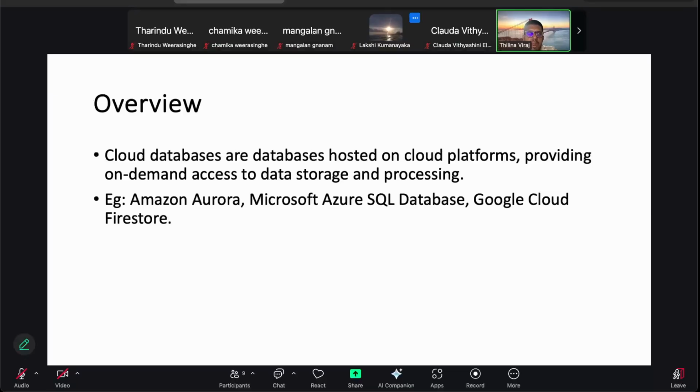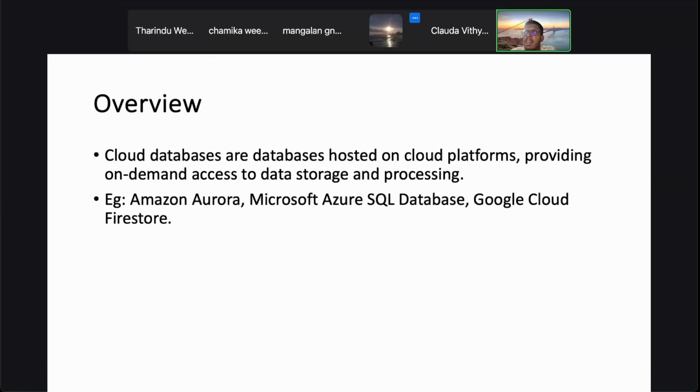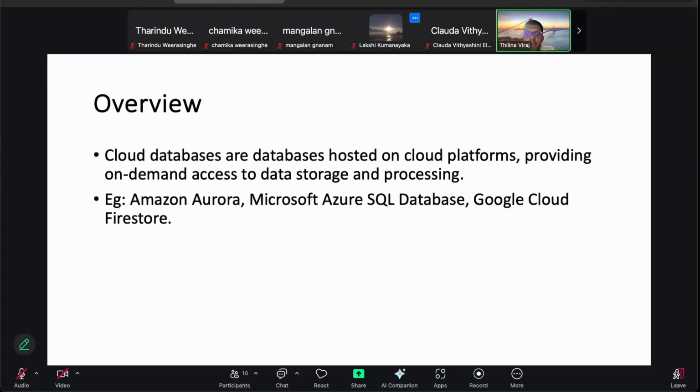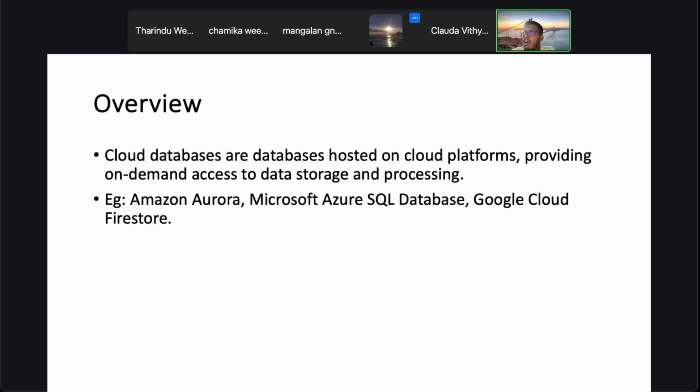You can set it up from scratch, so that feasibility is there. And the second thing, you can have a cloud managed service. So here we are talking about databases that we have as a cloud managed service.